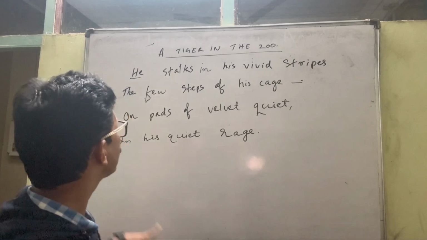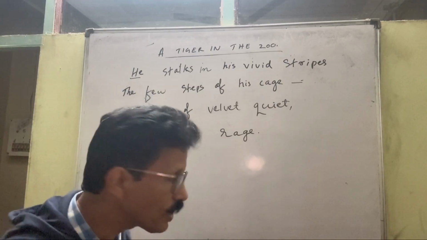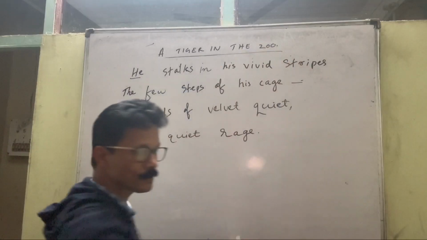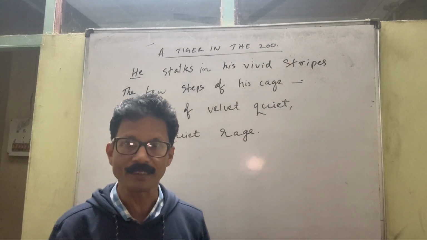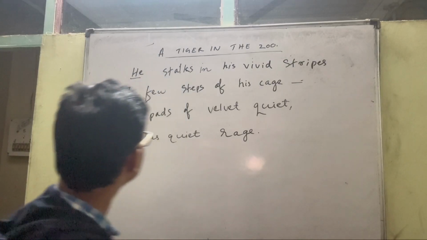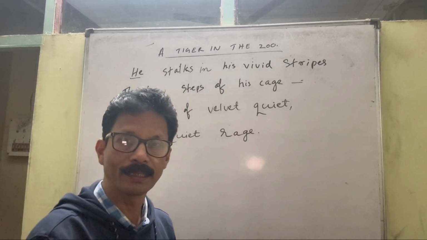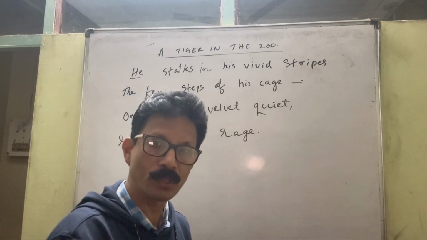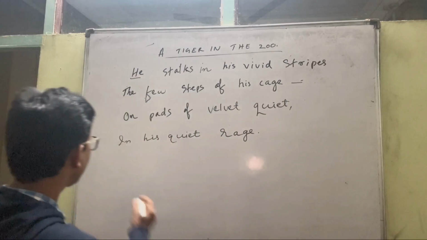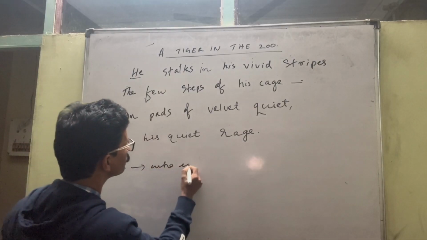See, the poet begins the poem by saying, "He stalks in his vivid stripes." The poet has used a personal pronoun, he.